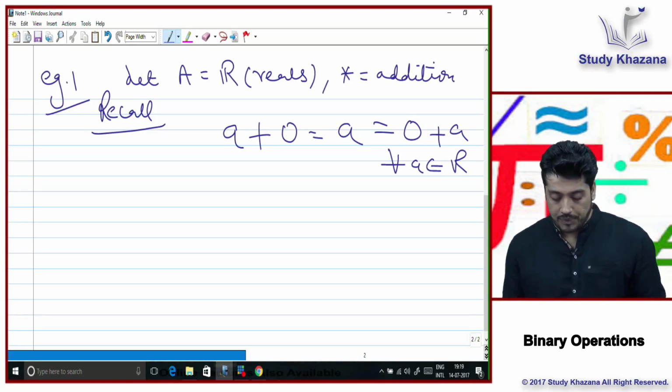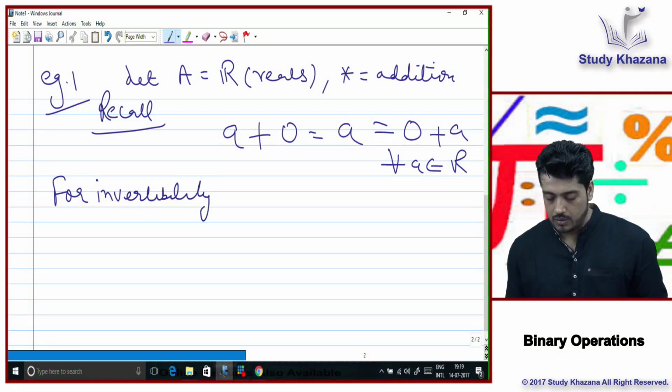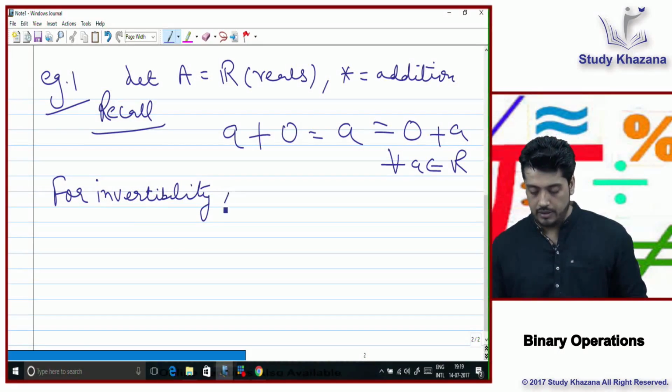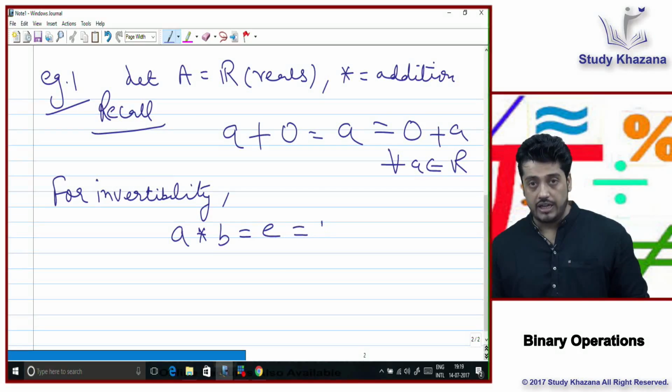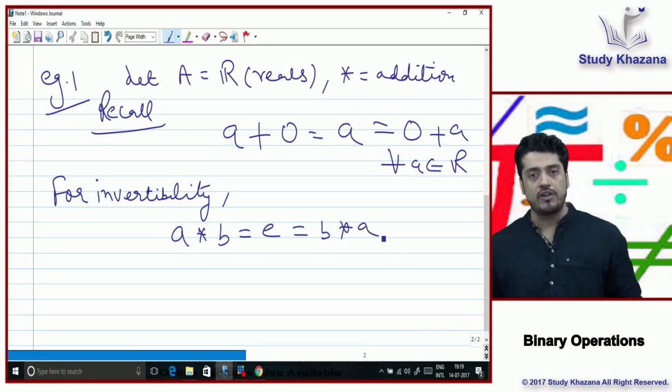So for invertibility, we must have a star b equal to e equal to b star a. This is the condition of invertibility.